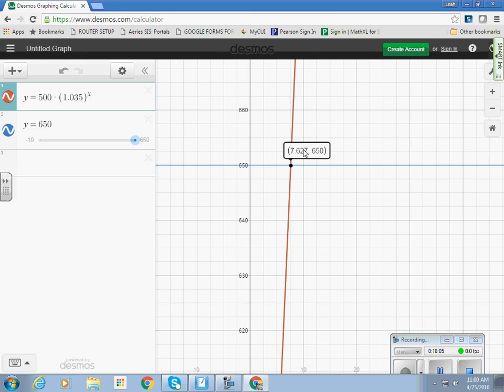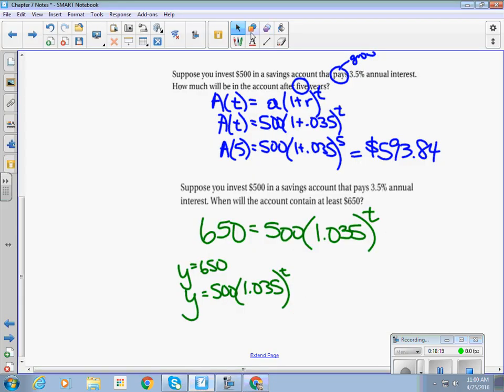Does it happen in the middle of the year? No, it's at the end of each year. So we won't see that in our account until year 8 when they compound the interest. So it'll be year 8. So at $650, it's year 8.